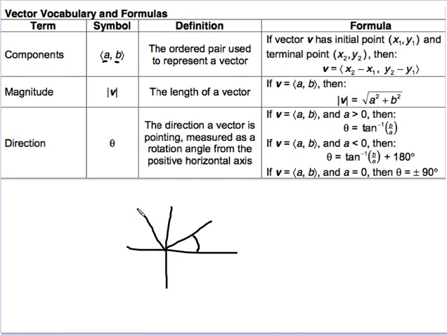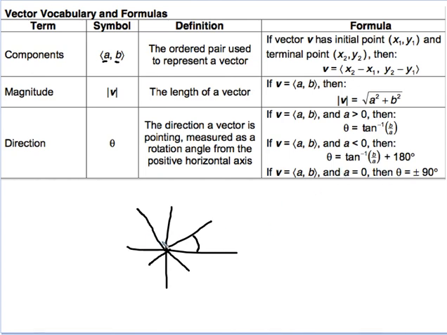If it's over here, then a, or our x, is negative, then once we do the calculation inverse tangent of y over x, we need to add 180 degrees. If we're here or here, we might have to add something else.